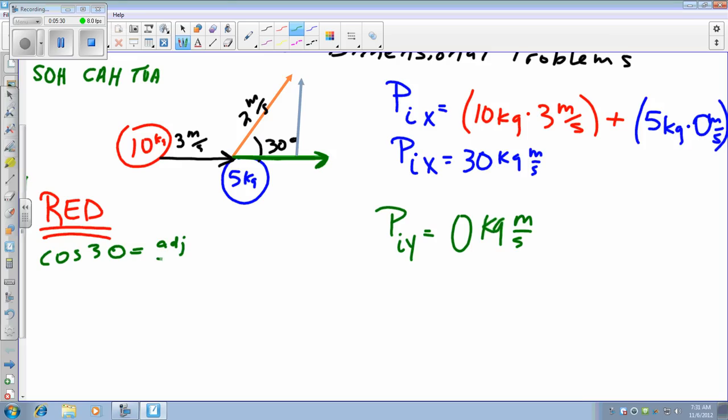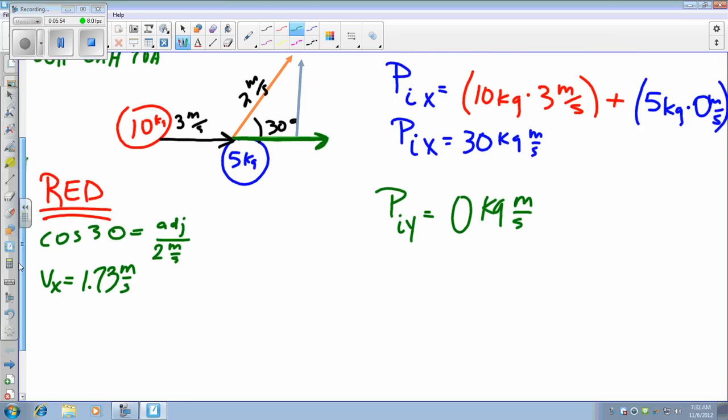Solving for the adjacent, the hypotenuse is 2 meters per second. So we're going to see that the velocity in the x is going to be equal to 1.73 meters per second.